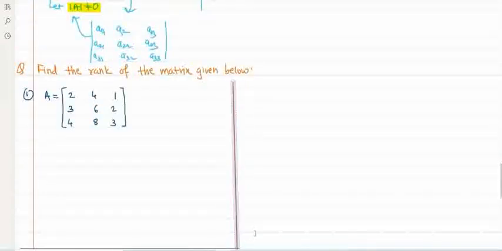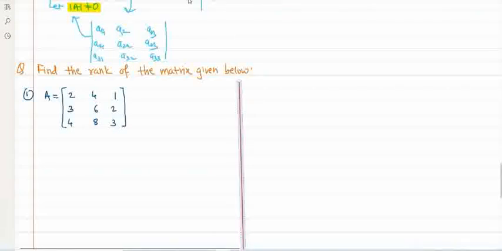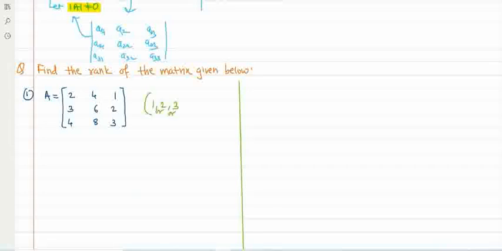What are the possible values of rank here? The possible values of rank are 1, 2, 3. This is rough calculation, not necessary. It is 1 or it is 2 or it is 3.